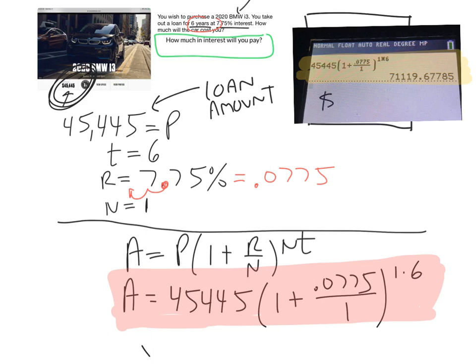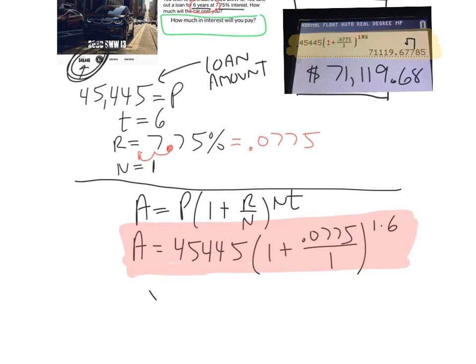So it looks like the balance, how much we end up paying the bank back, is $71,119.68, because the 7 kicks the first 7 up to 8. So that's how much you end up paying back.